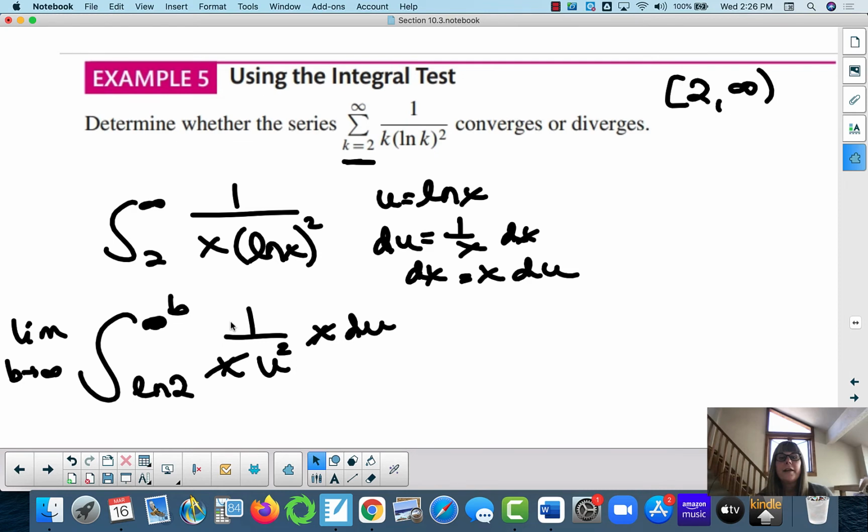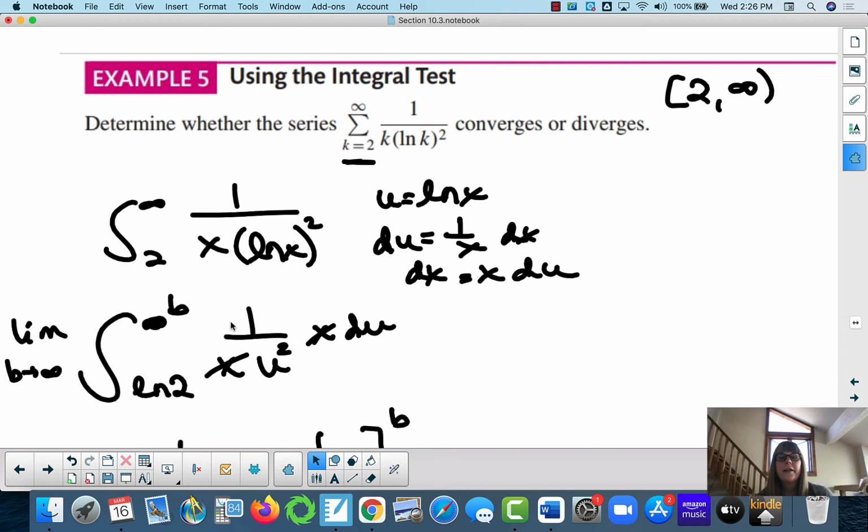This is a power rule, where we have u to the negative 2. So that gives us the limit as b approaches infinity of negative 1 u to the negative 1 power, or negative 1 over u, evaluated at b and natural log of 2.